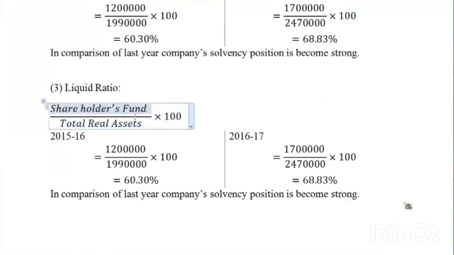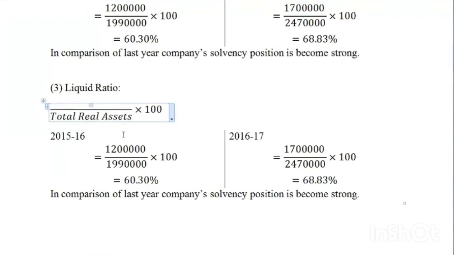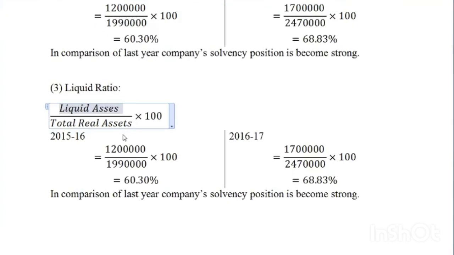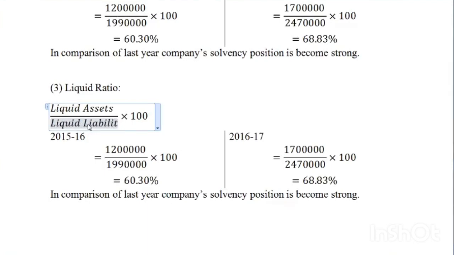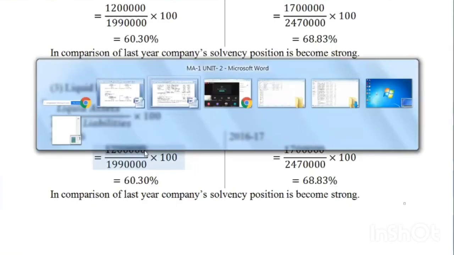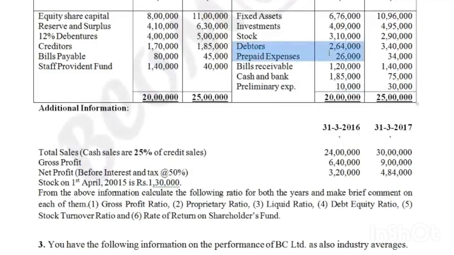So here the basic formula is liquid assets upon liquid liabilities. So liquid assets: stock સિવાયની current asset લેવાની છે, આટલાનું total કરો.